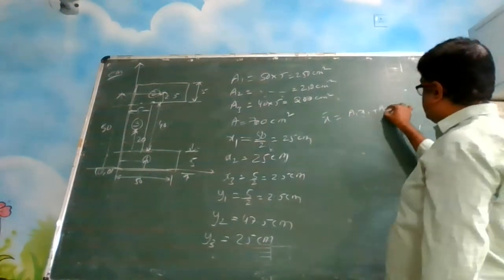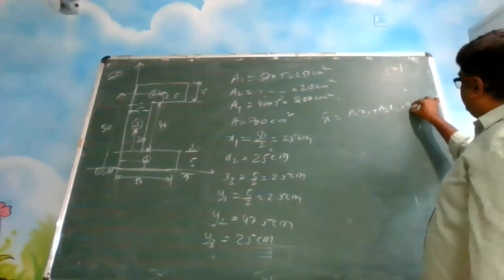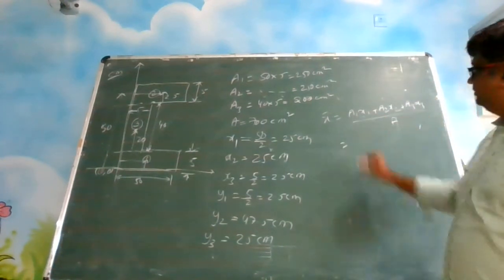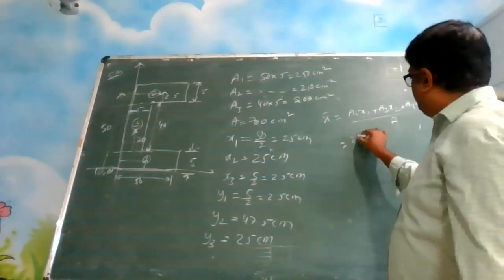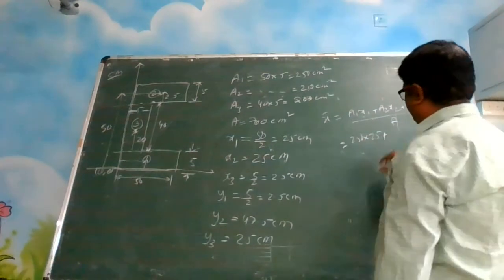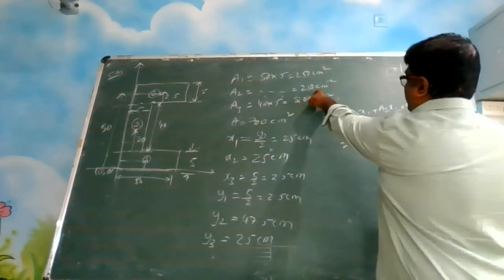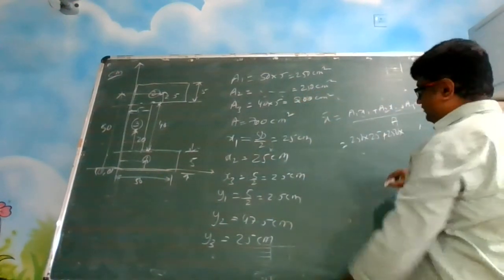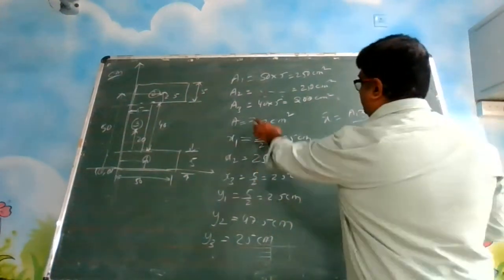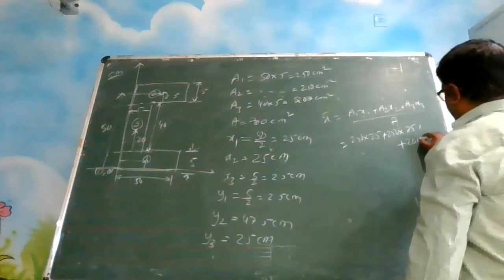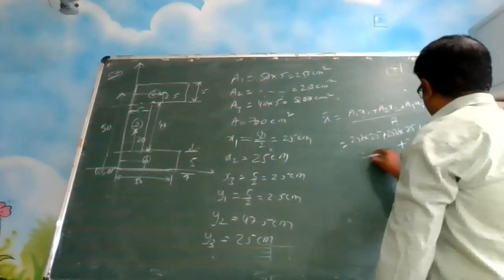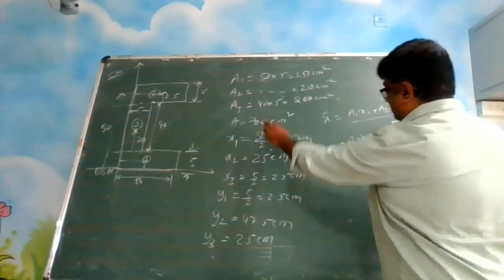After this, now you have to do the calculation. x bar is equal to a1 x1 plus a2 x2 plus a3 x3, because there are 3 areas here, divided by the total area. Now write the values. a1 is 250 into x1, 25; a2 is 250 into x2, 25; and a3 is 200 into x3, 2.5 centimeters, divided by the total area 700.